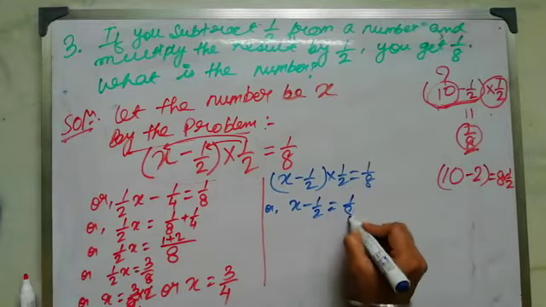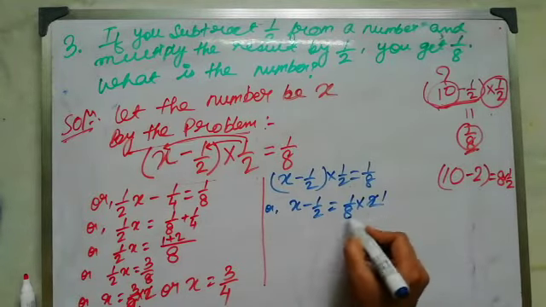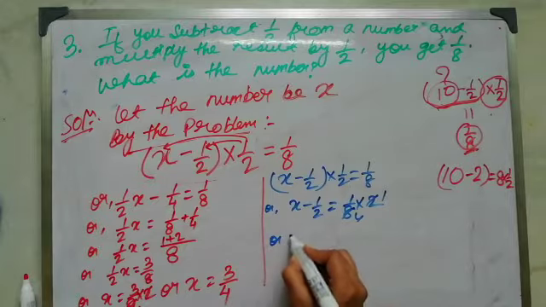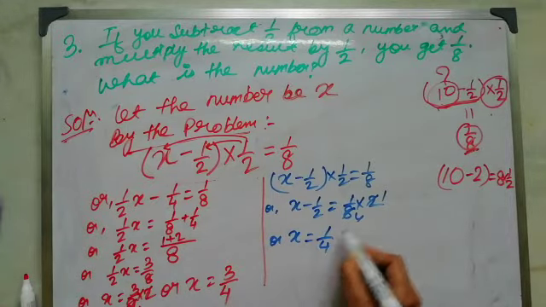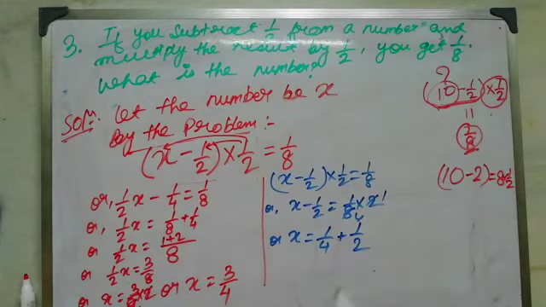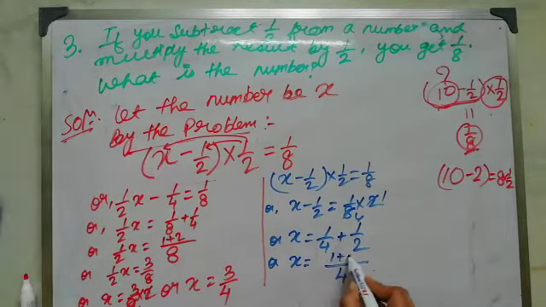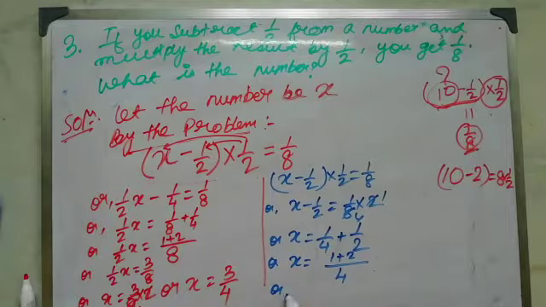So, it will become 1 by 8 multiplied with 2, or x will be 1 by 4 from here, and if this 1 by 2 goes to that side, it will change from minus to plus, or x is equal to, take 4 as LCM, 1 plus 2, or x is equal to 3 by 4. See? Clear, students? Hope there is no problem in understanding this sum.